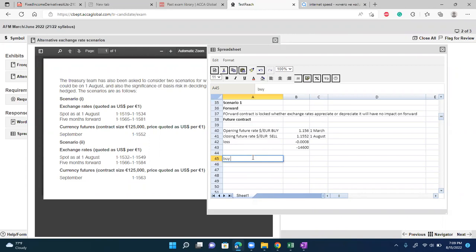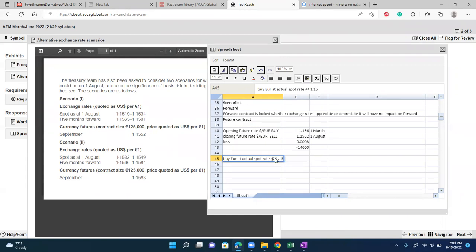You will buy euro at the actual market spot rate at 1.1534.